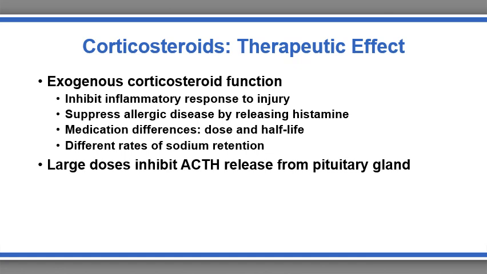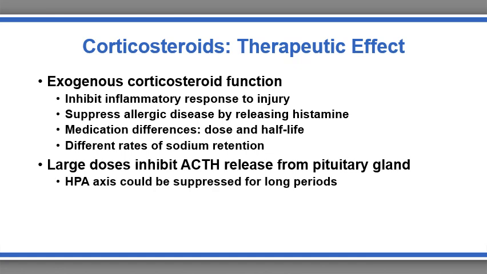So that's going to be inhibited. That HPA axis, or the hypothalamic pituitary adrenal axis, could be suppressed. If it's suppressed for long periods of time, that could create issues, and this is part of the reason why we have to be very careful with how long they get administered for, and also how a person comes off of them. Normally ACTH is what helps to stimulate cortisol release in the body. As the body's getting exogenous corticosteroids, that process gets limited a little bit.